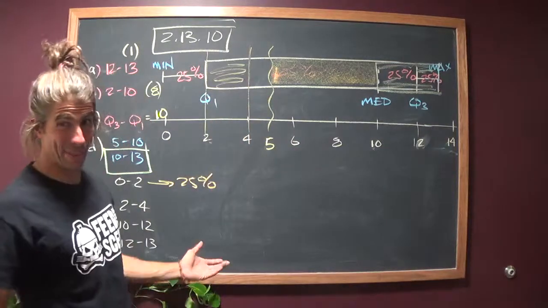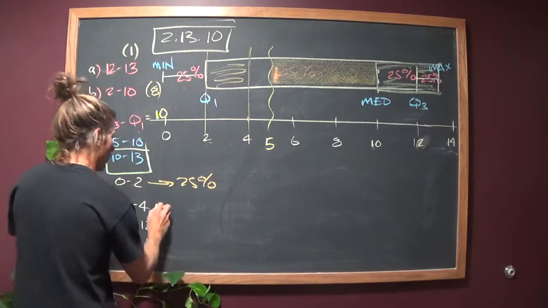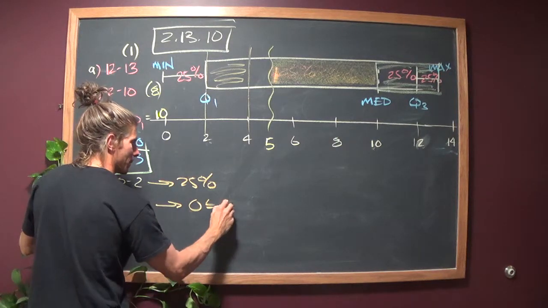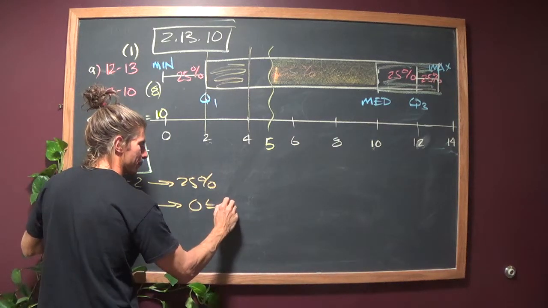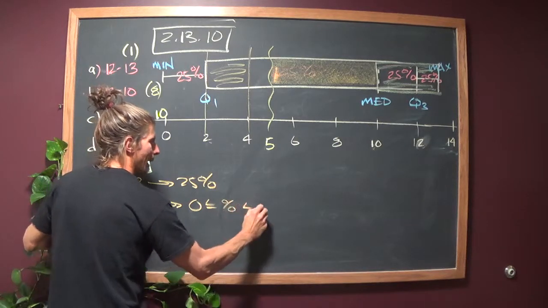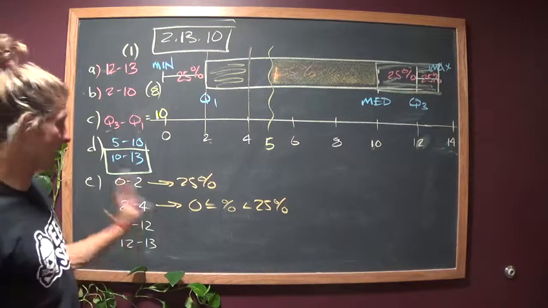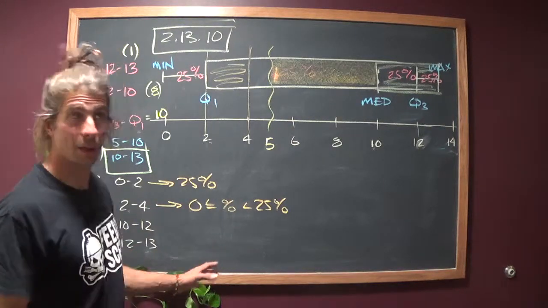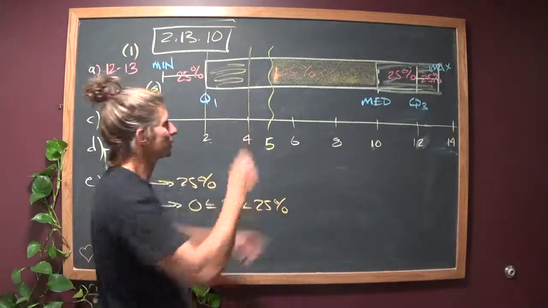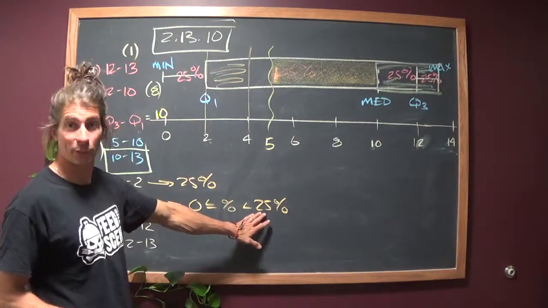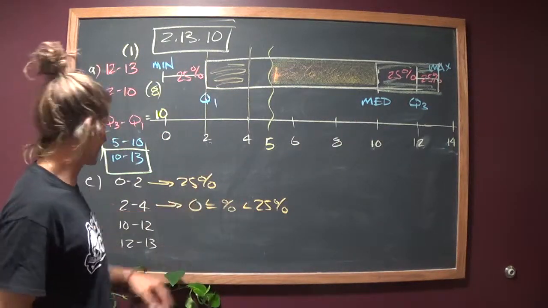So the best I can say about 2 to 4 is it's somewhere between 0% and less than 25%. Could it be equal to 25%? No, it couldn't be, because the median's over here. So strictly less than 25%.